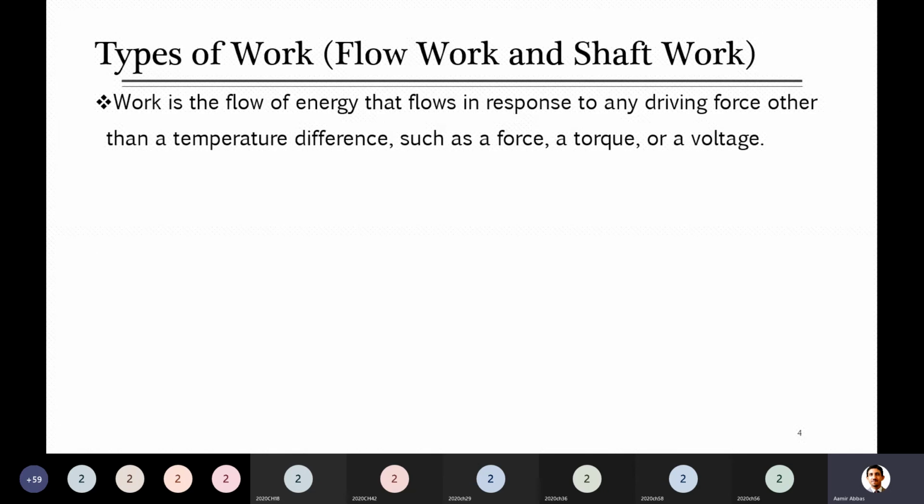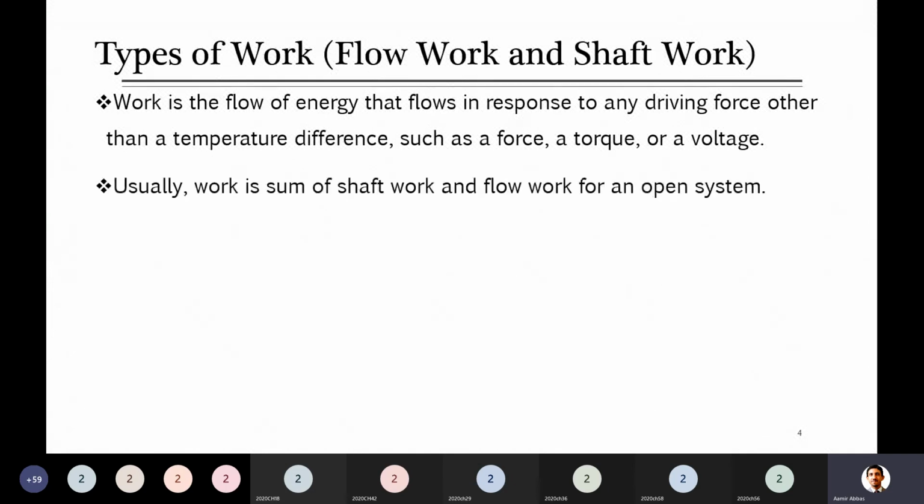Before this, you already remember the general definition of work: a type of flow of energy when your driving force is something other than temperature difference, for example force, torque or voltage. At that time I told you that you can have electric work, or work with the help of a pump or something else.